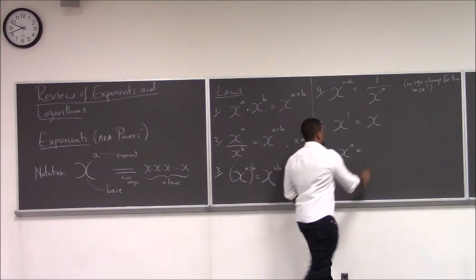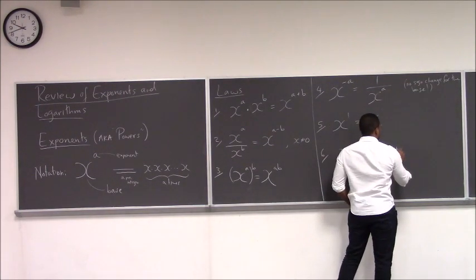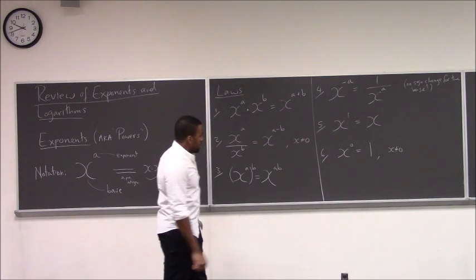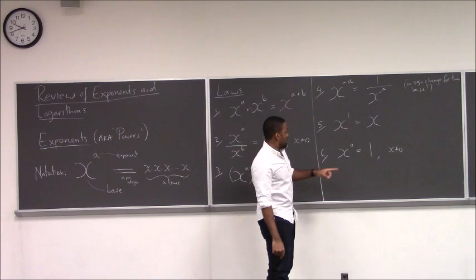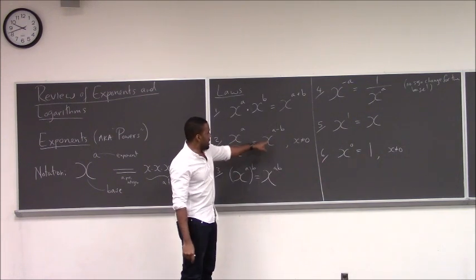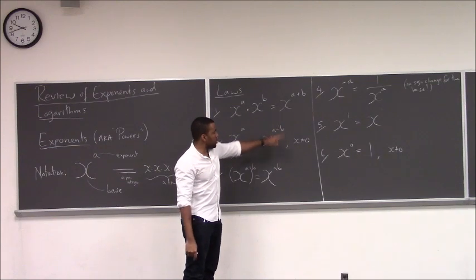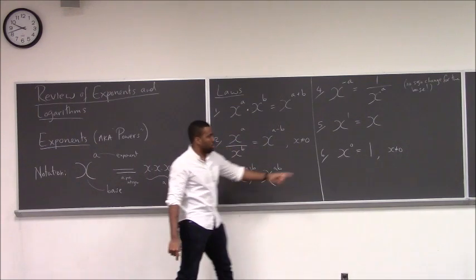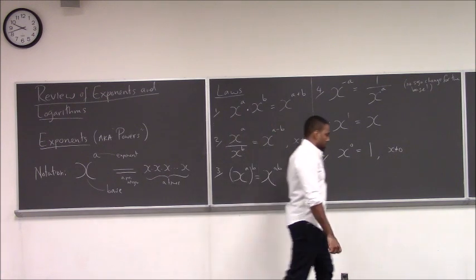It is 1, provided that x itself is not 0. One way you can see this is to set a equal to b here. You get x to the a minus a, which is 0, and so you get x to the a over x to the a, that cancels and becomes 1. So that's consistent here.